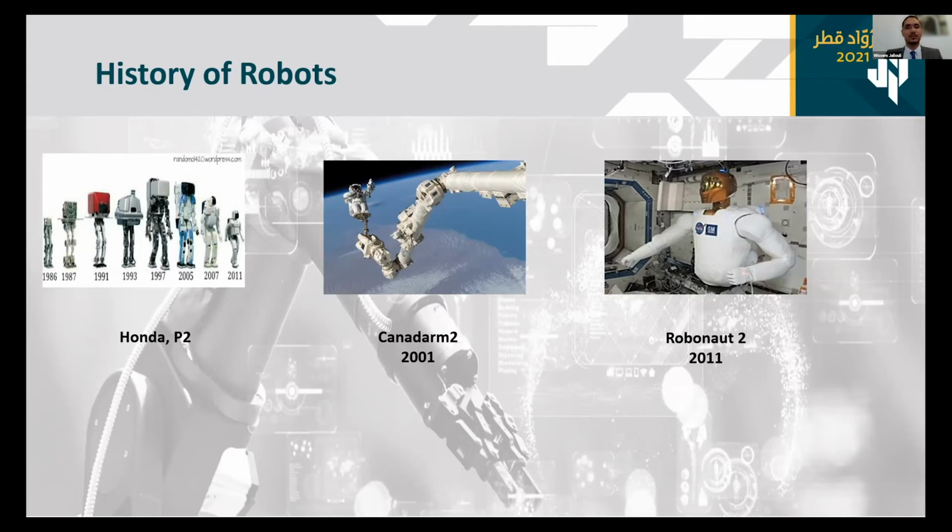This was a brief introduction to the history of robots and how they evolved in industry. As you can see, we have different fields where we can see robots on Earth and even in space.